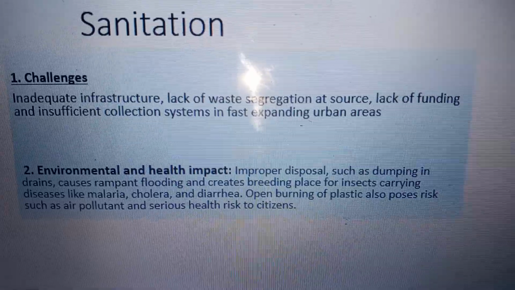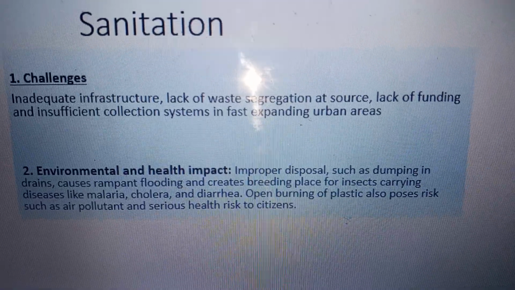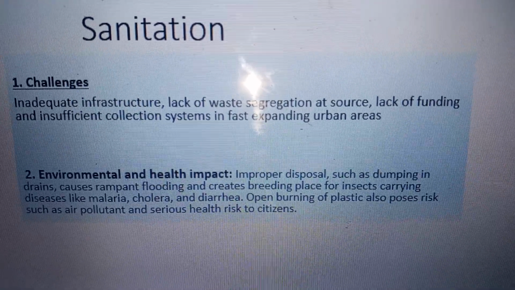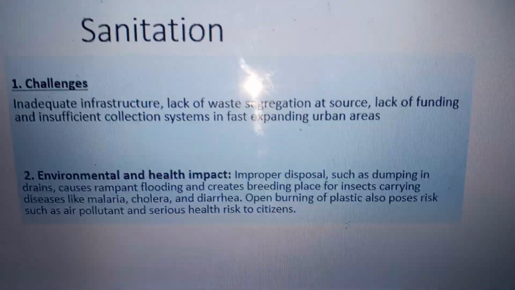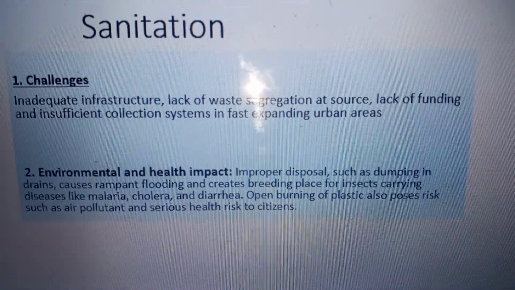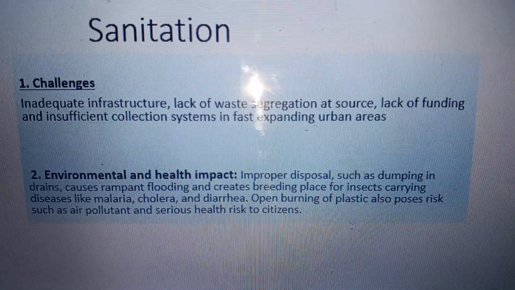Plastic and organic waste are put together, and it becomes very difficult to segregate at the disposal point. Also, lack of funding is a major problem.